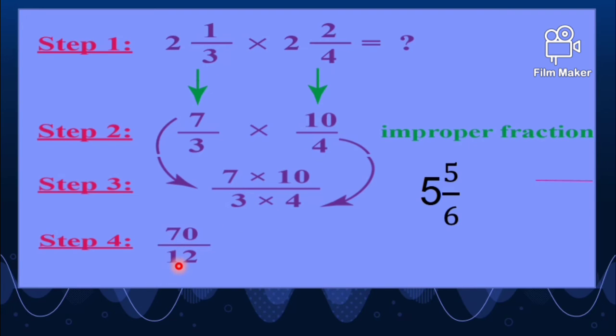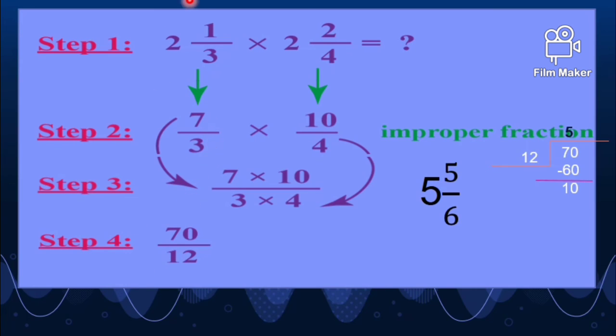Now 70 by 12 is an improper fraction and it is not in the lowest terms. So first we will convert it into a mixed fraction by dividing the numerator by the denominator, 70 divided by 12. 12 fives are 60. 70 minus 60 is equal to 10.